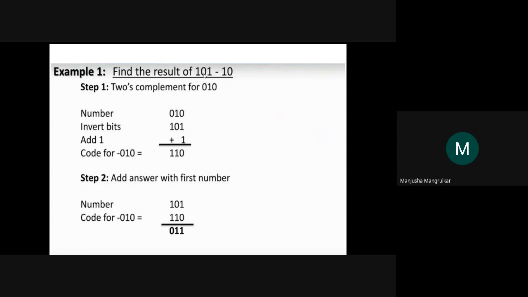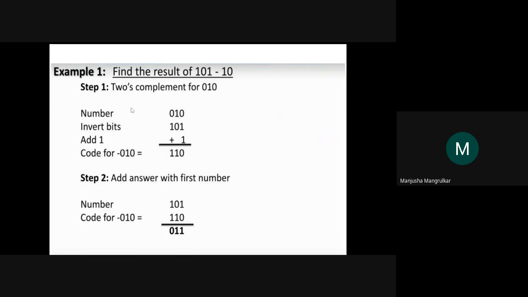This is 2 bits, this is 3 bits, so we add a 0 into the MSB. Suppose 012, we write in decimal 2. We can write 02 also, because a leading 0 doesn't change the value. So to equalize the bits, we can add a 0 into the MSB. Now this is your number 010.